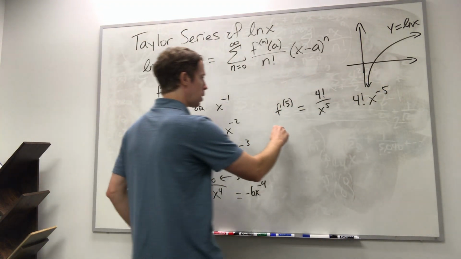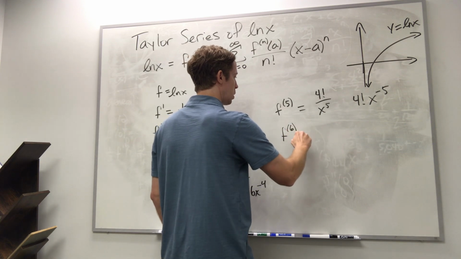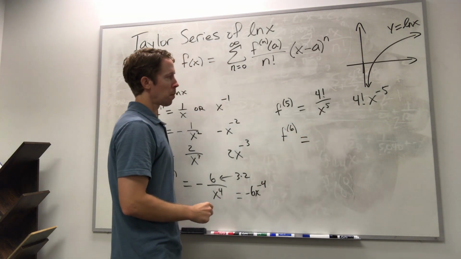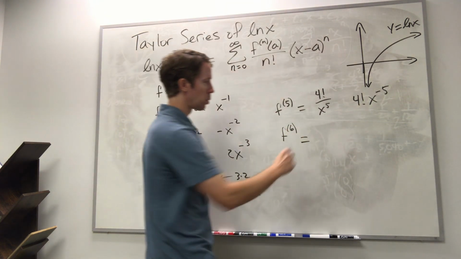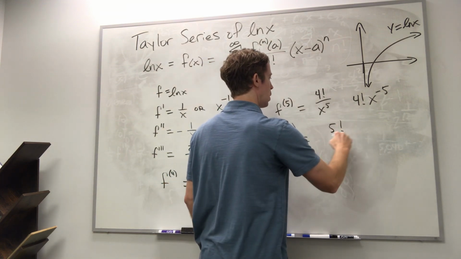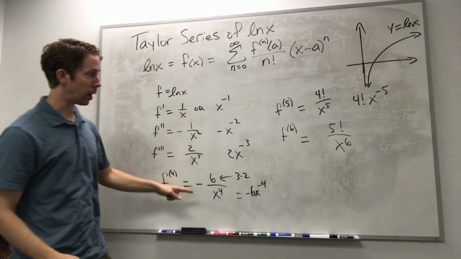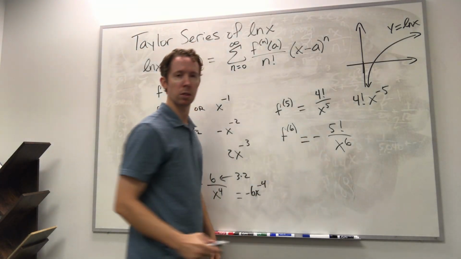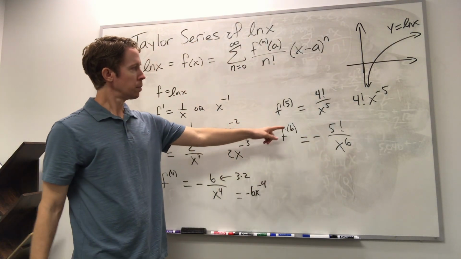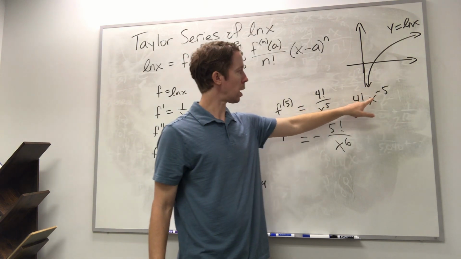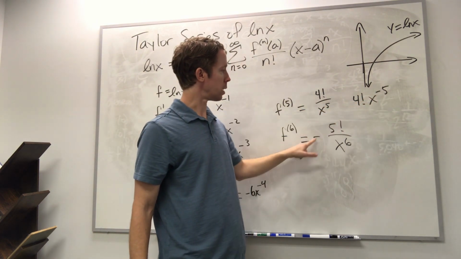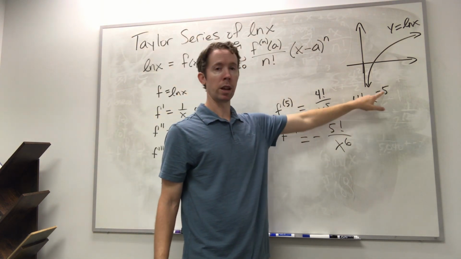So I think f to the 6th, the 6th derivative, will be 5 factorial over x to the 6th, and I think it would be negative. So now let's check that. If I take the derivative, I get negative 5 times 4 factorial. That's negative 5 factorial. I get x to the negative 6.